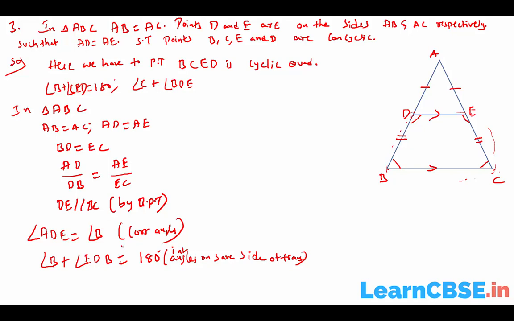Now given AD equal to EC, this angle must be equal to this angle. So in the place of ADE I am writing AED, and ADE equals B. So replacing, angle ADE plus EDB equals 180.